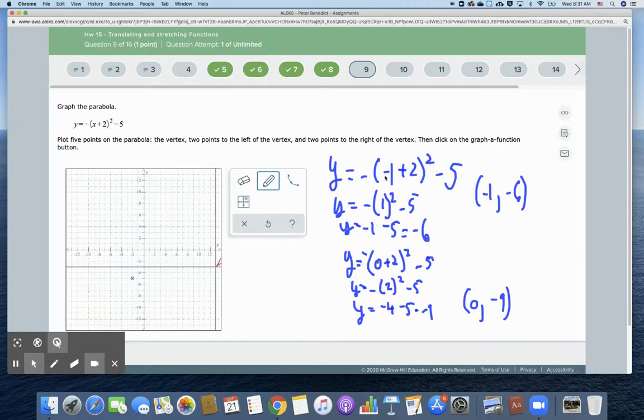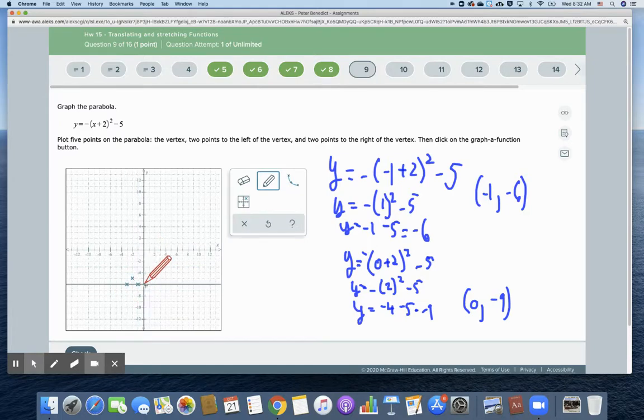if I plug in negative 1, right, because that's 1 away from my vertex, okay? Negative 1 plus 2 is 1, squared is 1, times negative, and the opposite of that is negative 1, and negative 1 minus 5 is negative 6. So I plugged in negative 1, and I got out negative 6, and so I can graph that point.